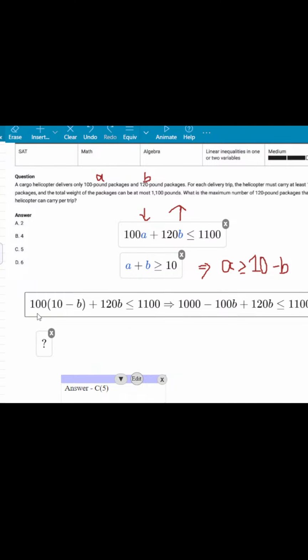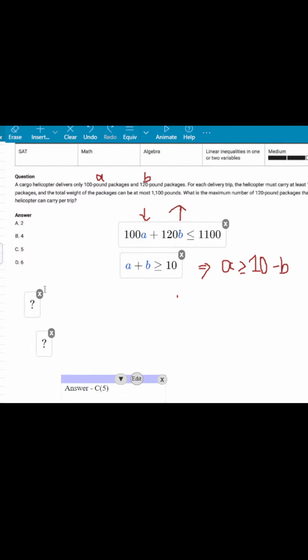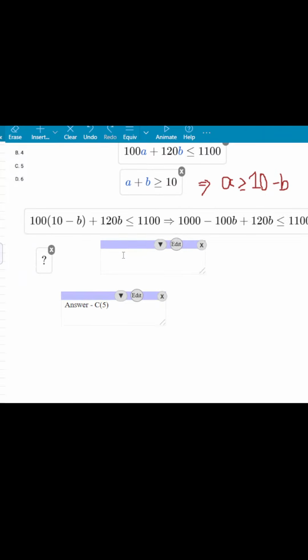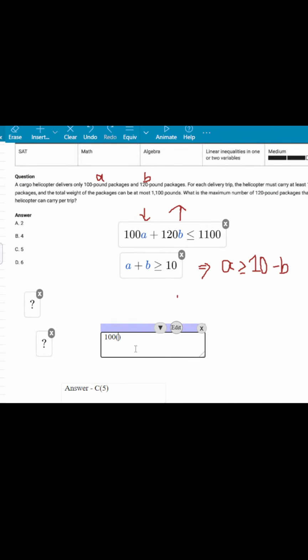Okay, let me try to write it in a text box instead. 1000 minus 100b plus 120b will be less than or equal to 1100, and then it will become 20b less than or equal to 100, and then b less than or equal to 5, this is the solution.